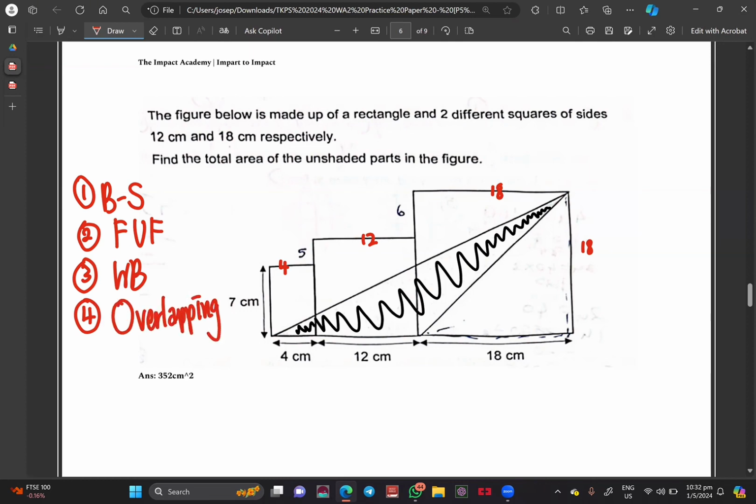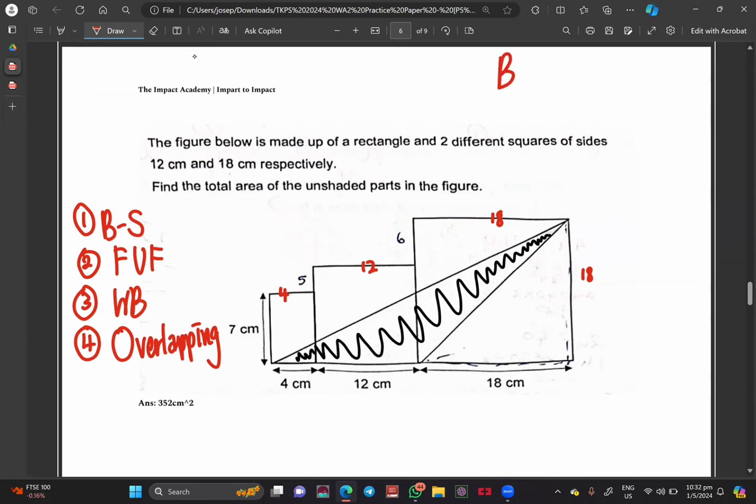Now, I tell my students how to remember this. I tell them: be worry free. One more time, be worry free. What is B? Big minus small. What is W? Working backwards. What is F? Folded, unfolded.